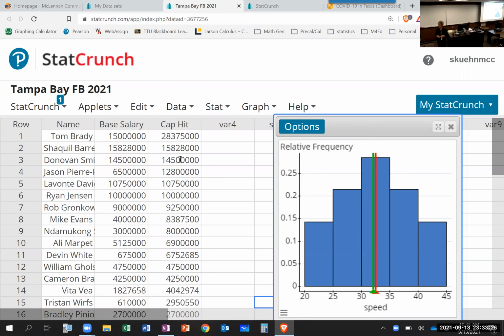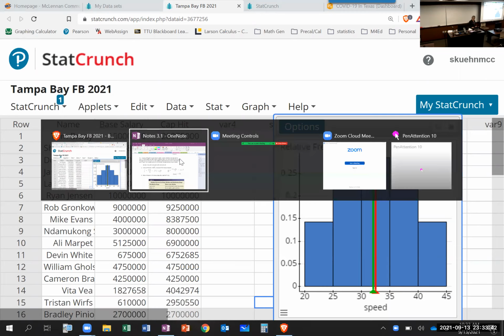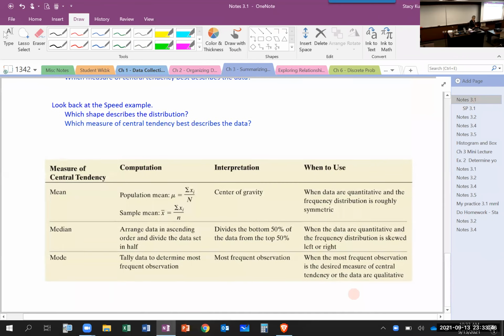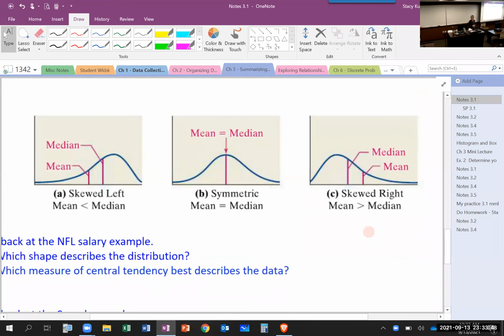So when we're looking at the back of your paper, at the bottom, if I just gave you the picture with nothing on it, I want you to be able to tell me that relationship between the mean and the median.